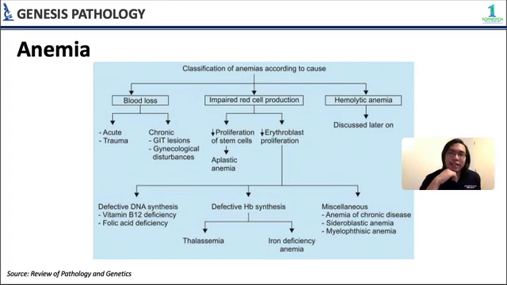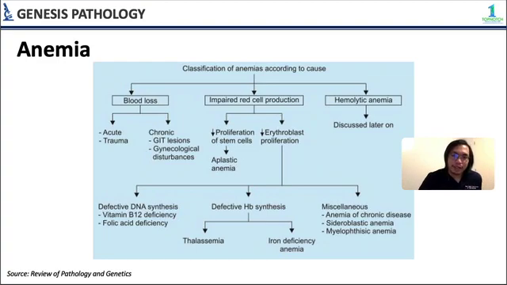Okay? Myelophthisic anemia, ano yan? That's the infiltration of your bone marrow by tumor cells, fibrosis, and other etiologies na mai-infiltrate yung bone marrow. So, kapag nagkaroon ka ng infiltration of the bone marrow, magkakaroon ka ng decreased erythropoiesis. Actually, this is also accompanied by your pancytopenia.